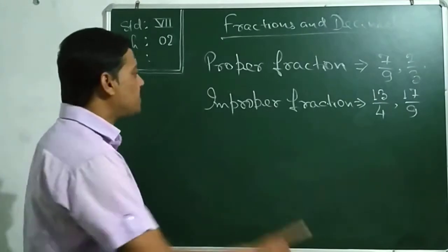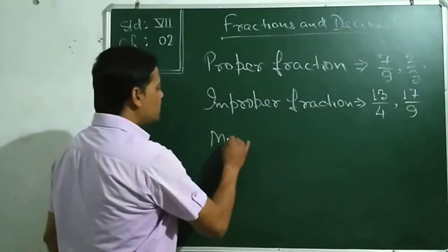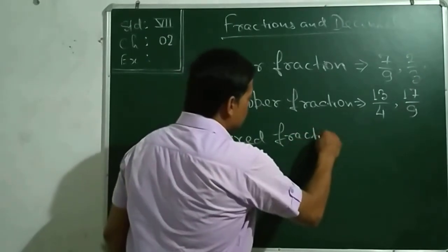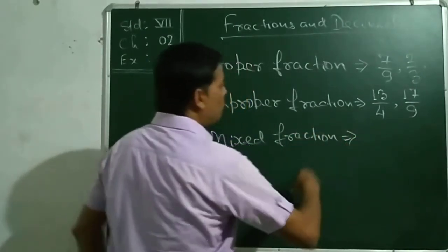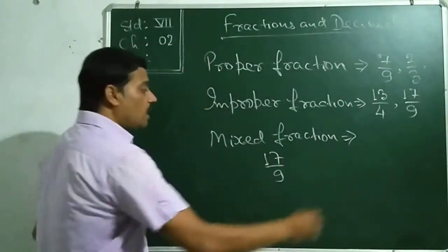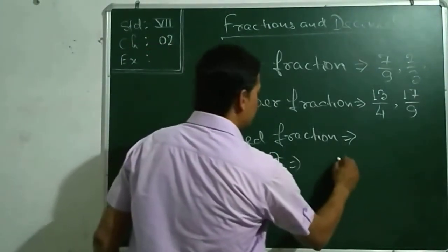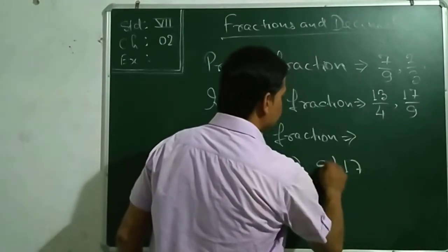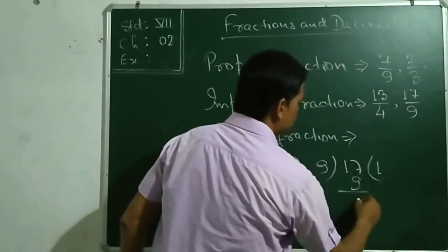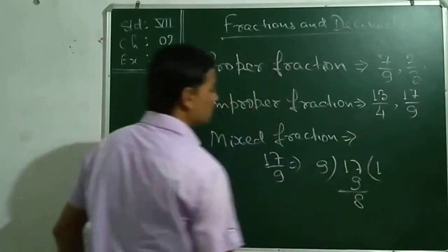So come to the mixed fraction, the third type. What is a mixed fraction? If we consider 17 by 9 and divide 17 by 9, 9 ones are 9, remainder 8.